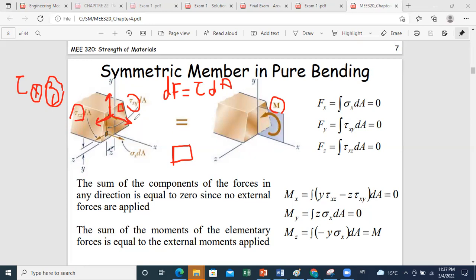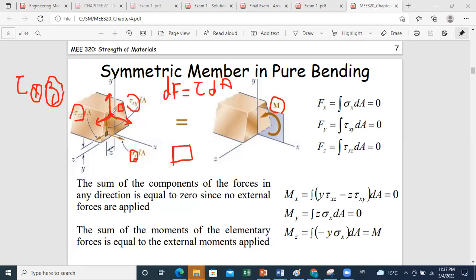It's called sigma x, where x refers to the direction of this normal stress, which is perpendicular to the cross section in plane YZ. So this is the general state for a certain elementary area, where we can see the development of shear stresses in two directions within the plane of the section and a normal stress perpendicular to the plane of the section.